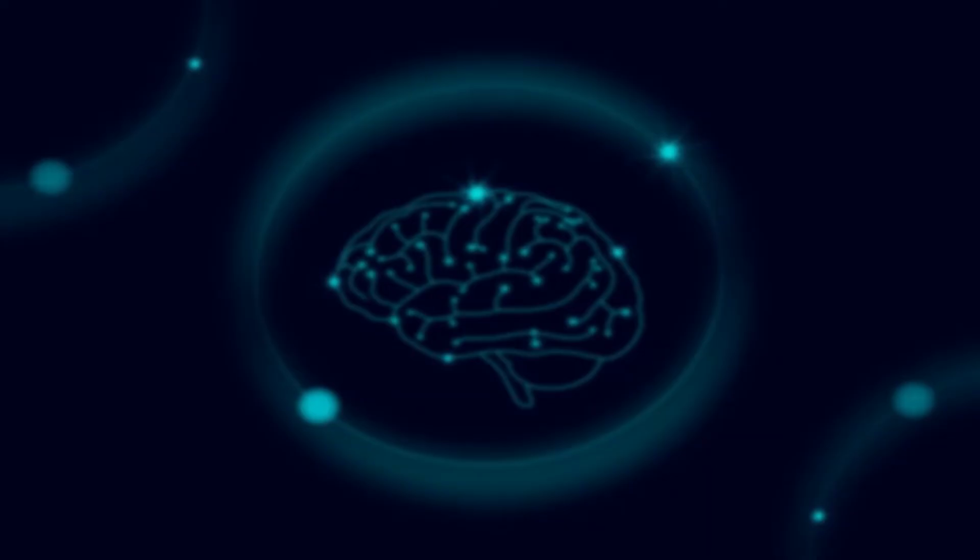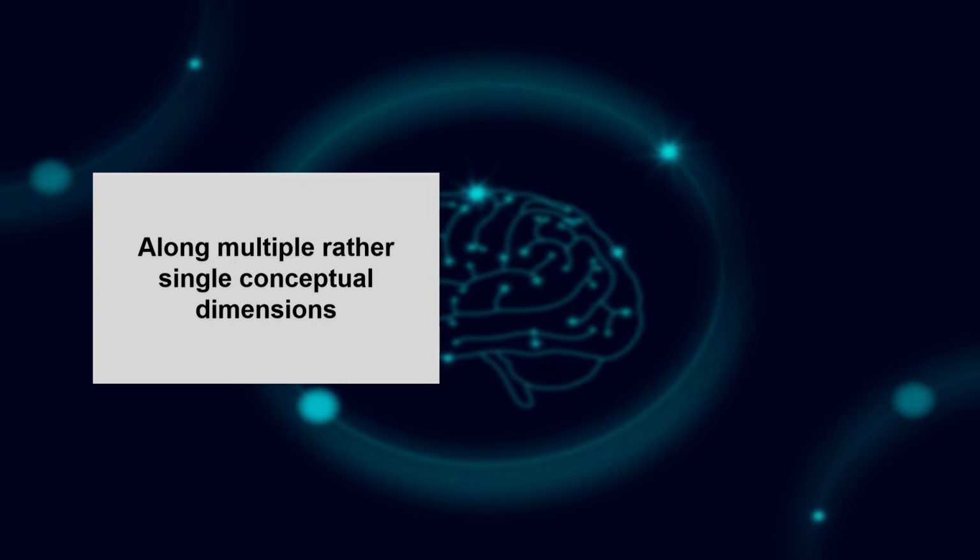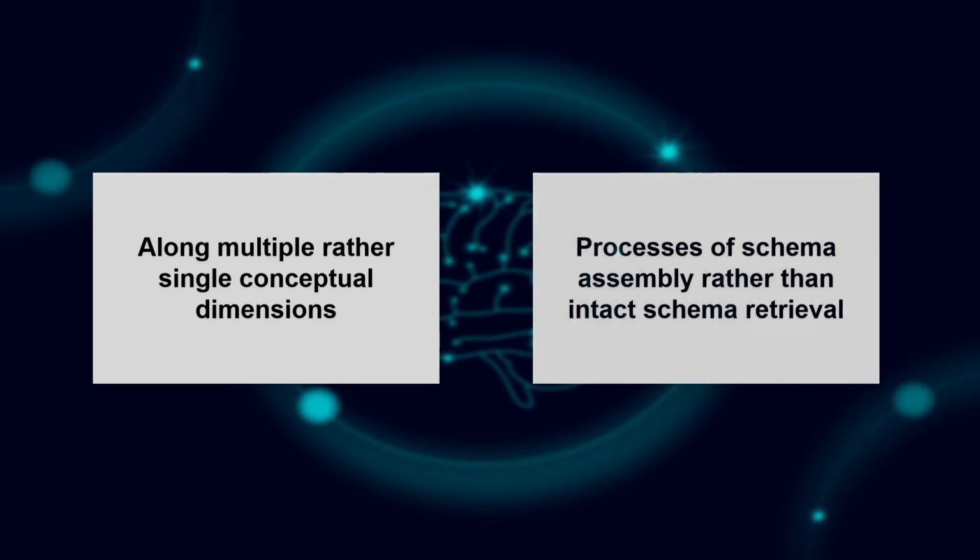This is a function of both the way knowledge is represented, for example, along multiple rather than single conceptual dimensions, and the processes that operate on those mental representations, for example, processes of schema assembly rather than intact schema retrieval.